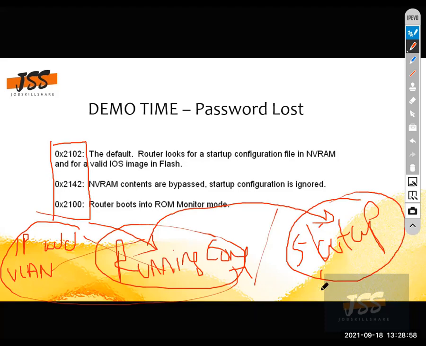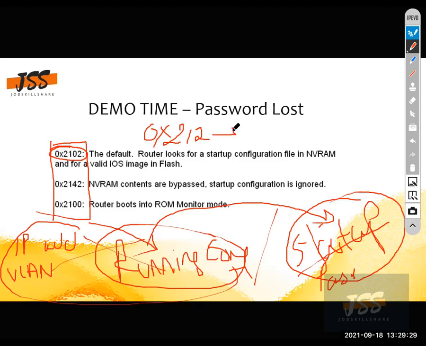Your passwords, your IP addresses, everything is saved in this startup configuration. It is mentioned that by default the router looks for a startup configuration file in NVRAM and for the IOS image in flash. So if this thing is enabled, 0x2102, and you have to remember this by heart.